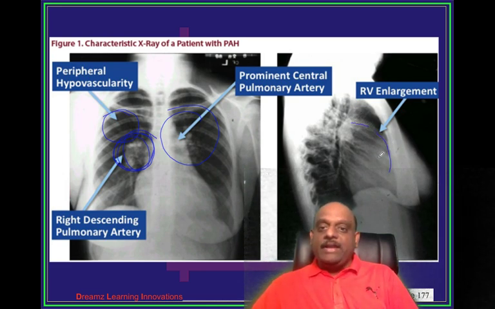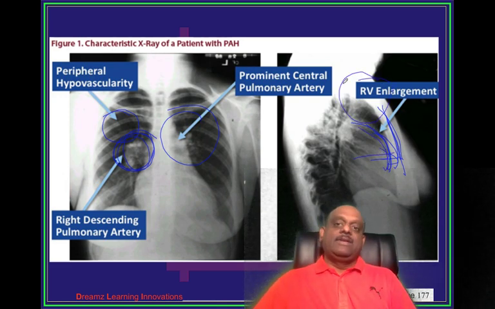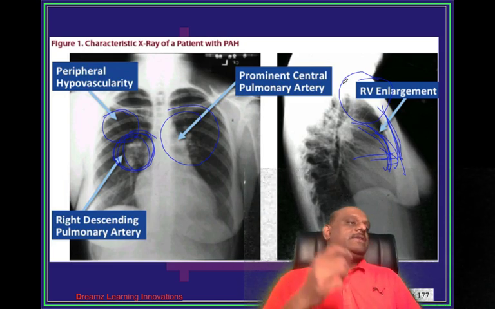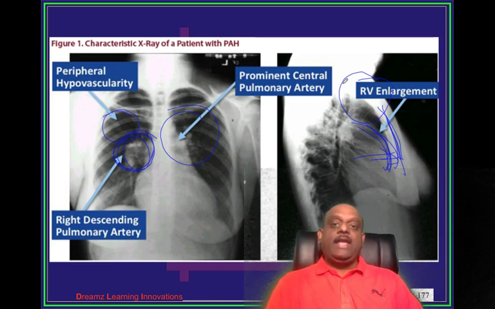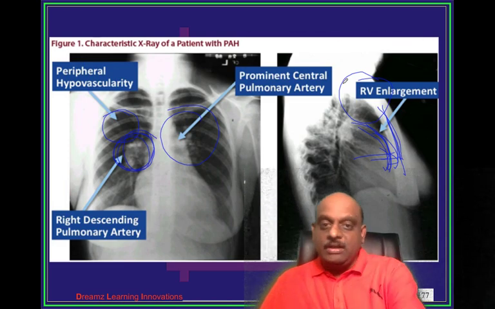Always right ventricle is more anterior. So substernally under the sternum, if there is a filling of the heart, that is because of the right ventricle. So right ventricular enlargement is a feature which you see in case of the pulmonary hypertension.